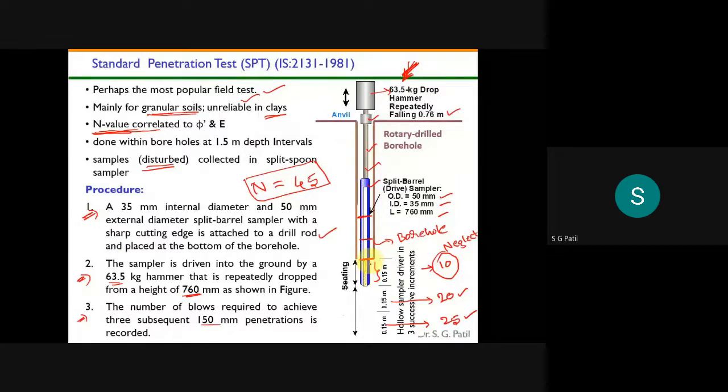If the soil for this 15 centimeter is already disturbed before placing your split spoon sampler, it will offer less resistance to the penetration. That's why we neglect this first 15 centimeter, and only count the number of blows required for the penetration of the next 30 centimeter.